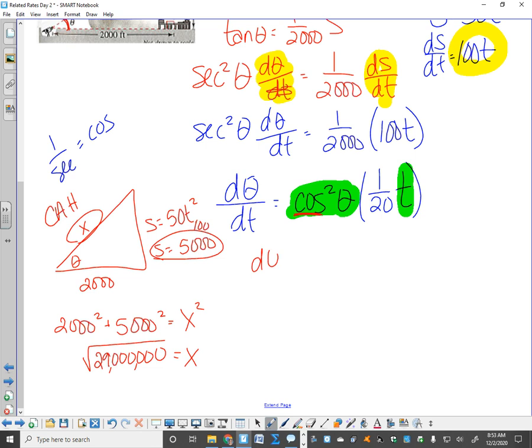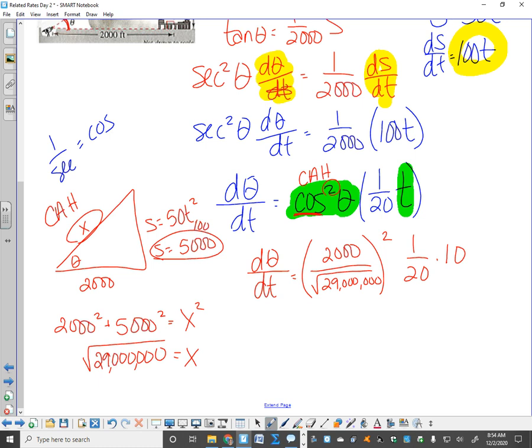So d theta dt, remember this is CAH, and it's squared. So adjacent over hypotenuse, squared, times 1 over 20 times 10.